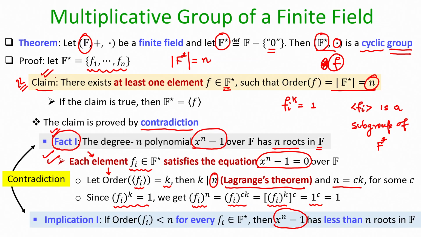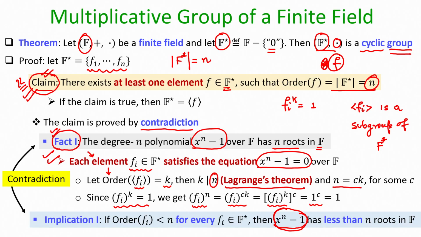To prove this claim, my strategy will be to show that if there exists no element in the collection F star whose order is n, that means the order of f_1 is strictly less than n, the order of f_2 is strictly less than n, and like that the order of f_n is also strictly less than n, then I will show that this polynomial does not have n roots, which will contradict my fact 1, and that will show that indeed this claim is correct.